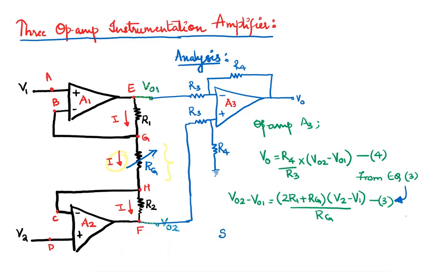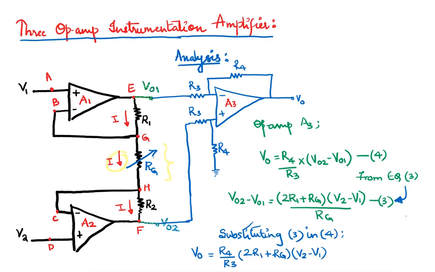On substituting 3 in equation 4, the final equation for output voltage will be obtained. So the output voltage can be written as V out equal to R4 by R3 into 2 times R1 plus Rg into V2 minus V1 divided by Rg.